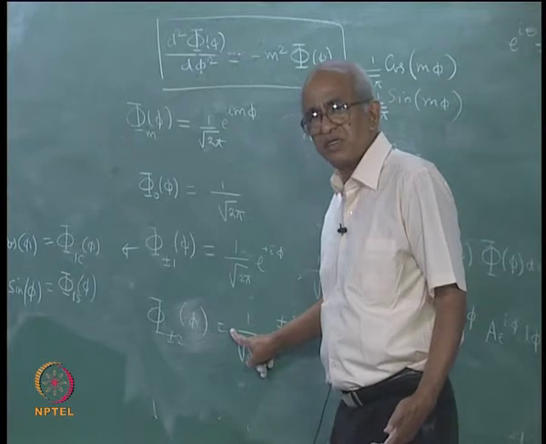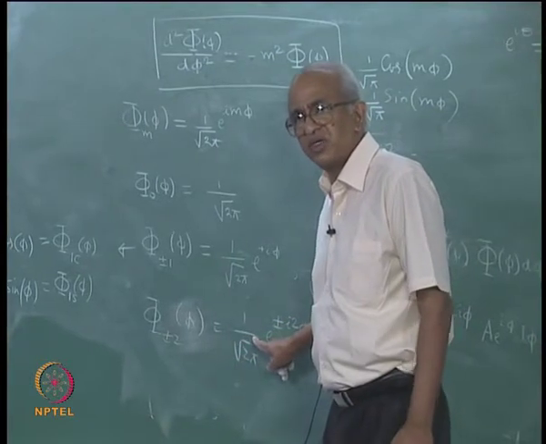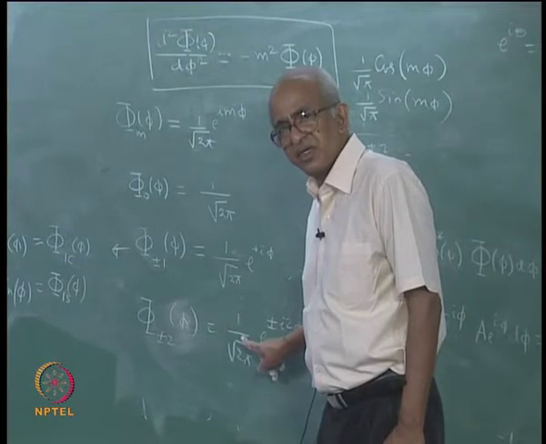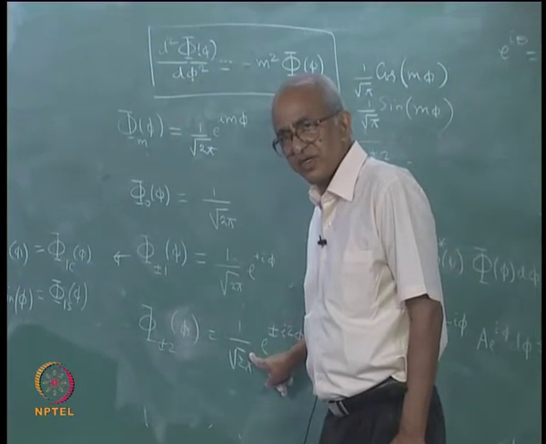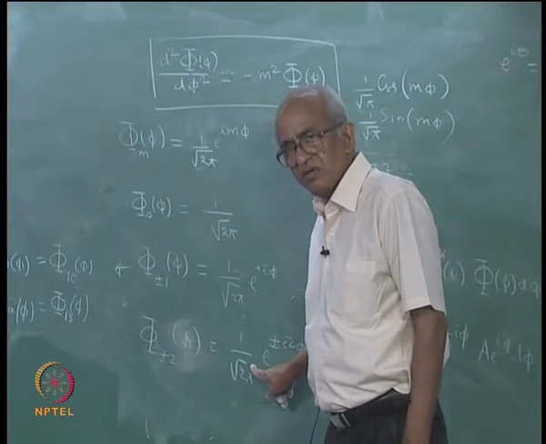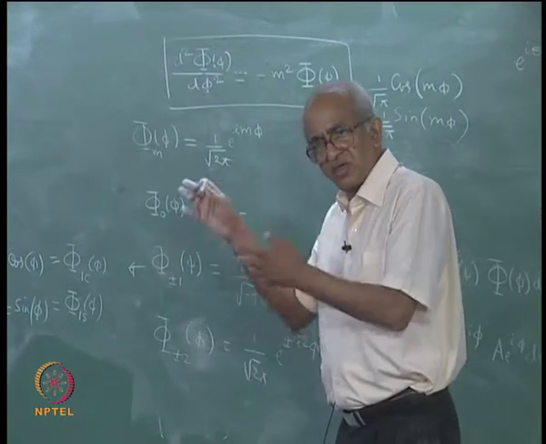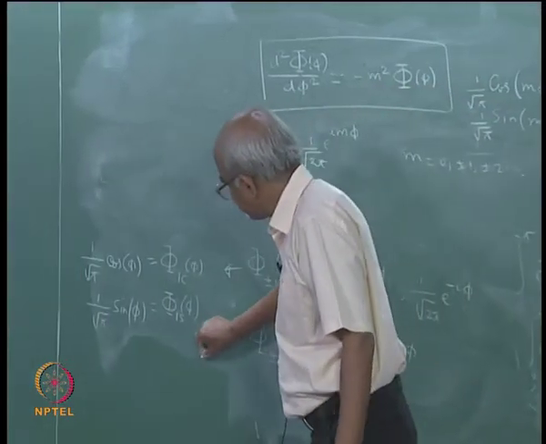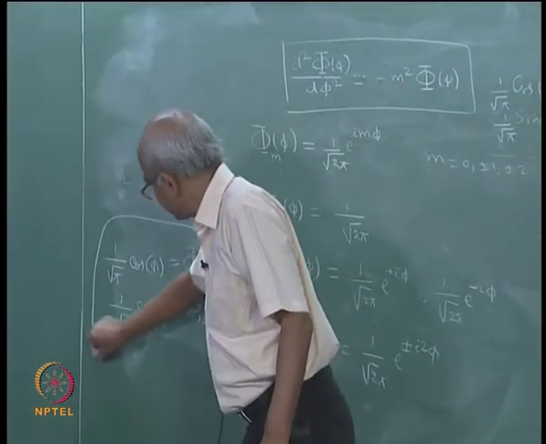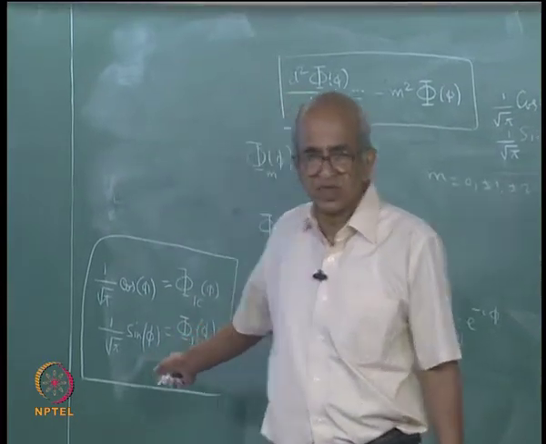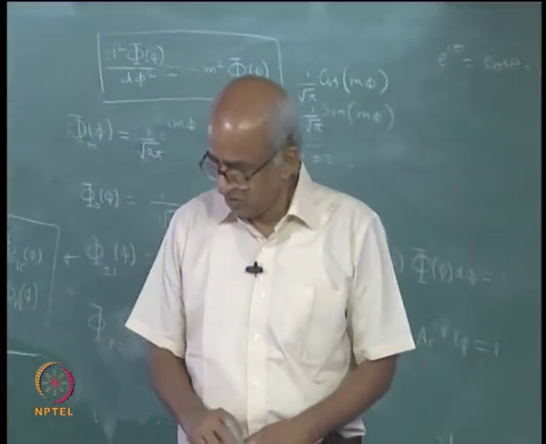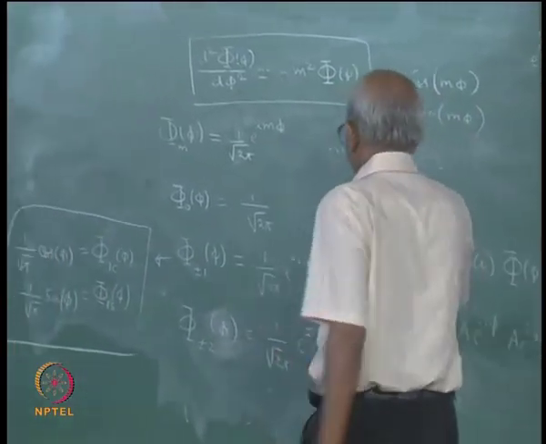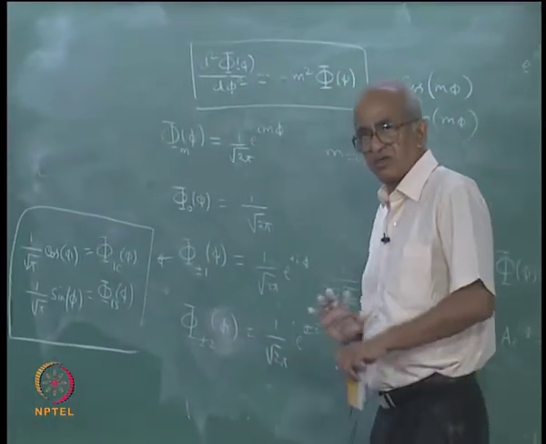What is going to happen is that you will have a function which will be cosine of 2 phi and another function which will contain sine of 2 phi. You can do it for all the other solutions also. In fact, we will be using these solutions when we discuss the atomic orbitals. That is the reason why I am telling you this. But of course there is nothing wrong if you want to use the other functions, they are also completely fine.